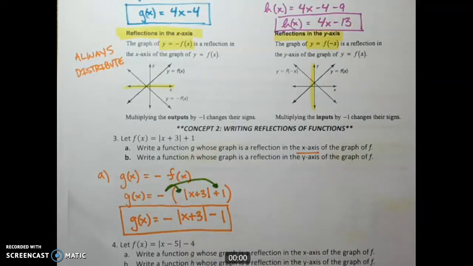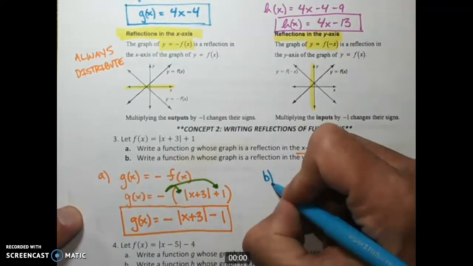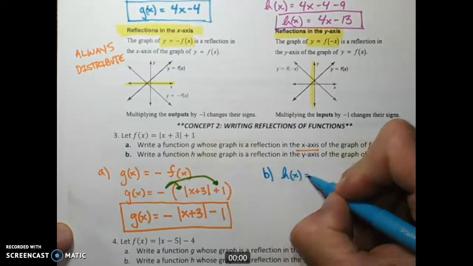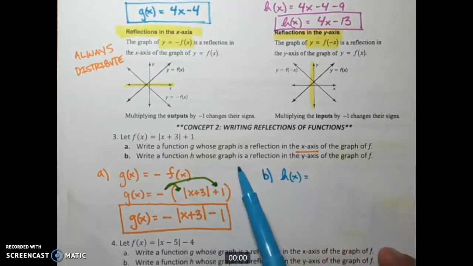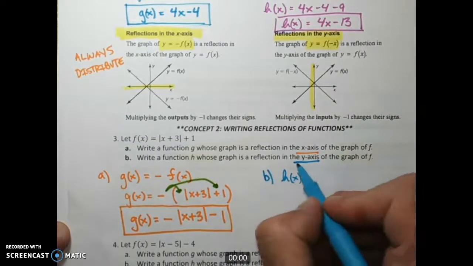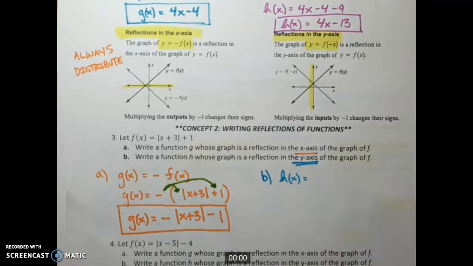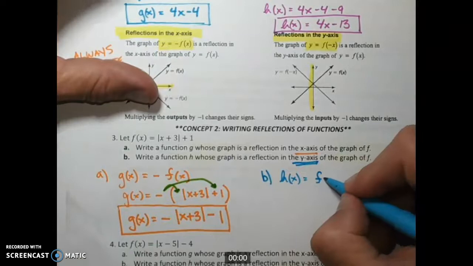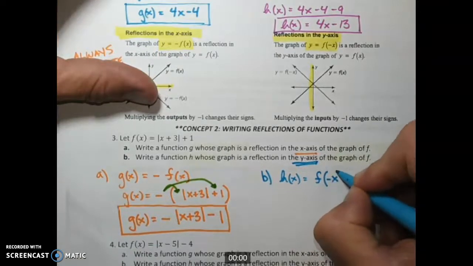B is a reflection, h of x. The function h of x shows the graph that is a reflection in the y-axis this time. Y-axis. So now what that means is h of x equals f of the opposite of x.